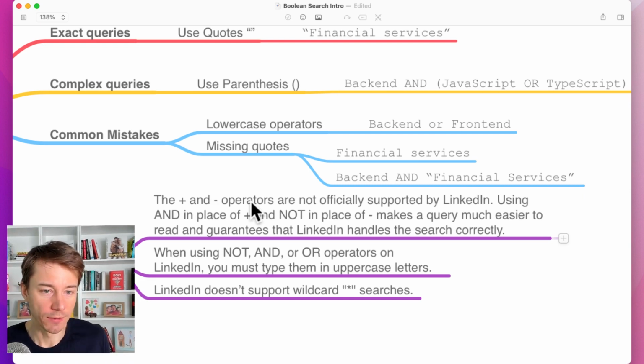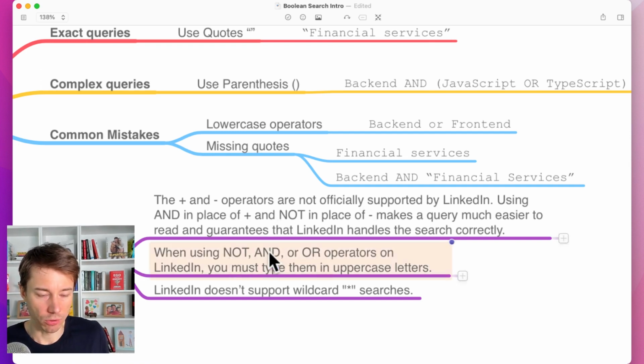Like, they work, but at some point LinkedIn may decide to just disable this functionality. So it's better if you use and or not instead of plus and minus. Plus and minus may work in other applicant tracking systems, in other CRM systems or wherever. So that's okay, but on LinkedIn, try to use and or not.